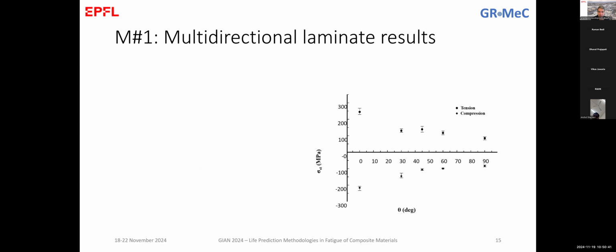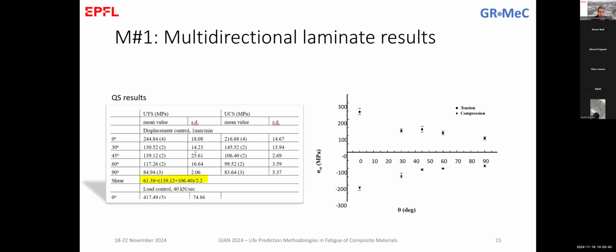So the first results, as we said, the quasi-static results, allow us to develop this kind of table where we have the UTS, the ultimate tensile stress, and UCS, the ultimate compressive stress of the material, so the stress at failure or the strength of the material at different orientations.